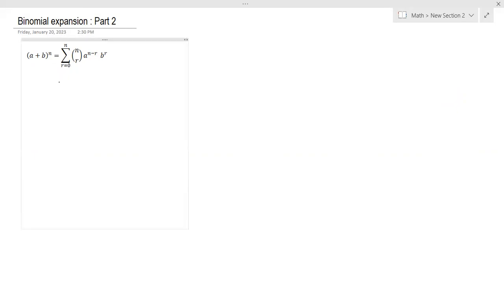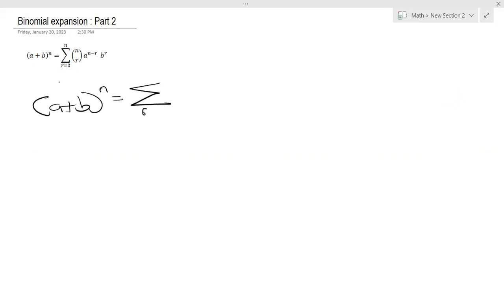Just to recap, remember that we have, let's say, (a + b) raised to power n. Then that will be the summation, starting from r equals 0 and stopping at n. We can write it like this: nCr, which shows combination, multiplied by a raised to power n minus r, then b raised to power r, and n is usually the exponent.